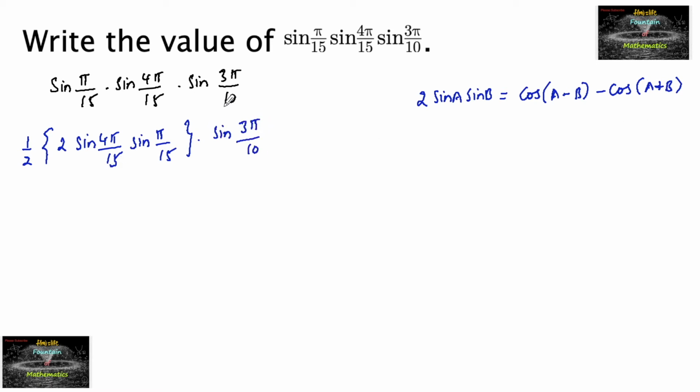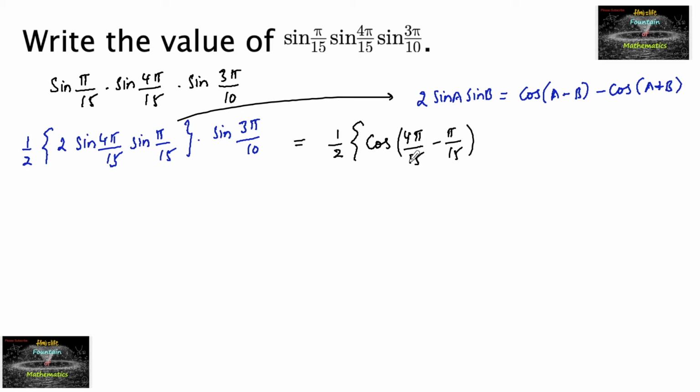Let us apply the formula here, 2 sin A sin B, where A is equal to 4 pi by 15 and B is equal to pi by 15. So we can write 1 by 2 times cos of (A minus B), that is 4 pi by 15 minus pi by 15, minus cos of (A plus B), that is 4 pi by 15 plus pi by 15, into sin 3 pi by 10.